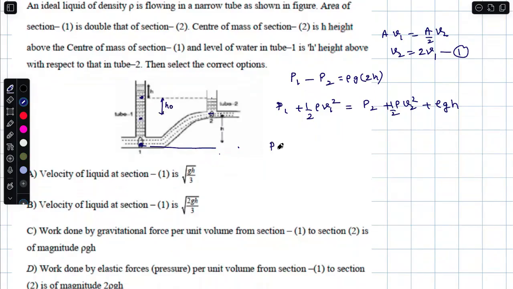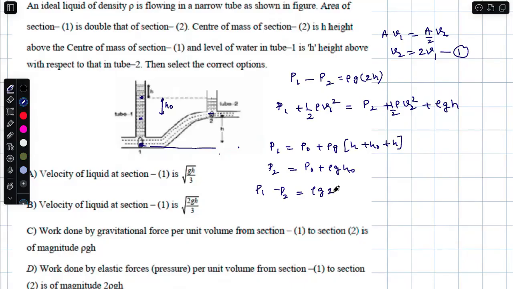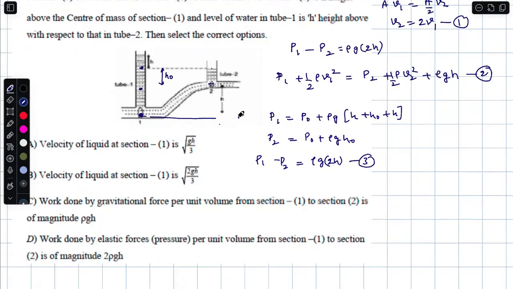So what is the static pressure at P1? It is nothing but P naught plus rho g (H naught plus H). What is the static pressure at P2? P naught plus rho g H naught. Now you tell me what is P1 minus P2? It is nothing but rho g 2H. Equation 3. Bernoulli's equation is equation 2. Now please tell me any doubt till this point.